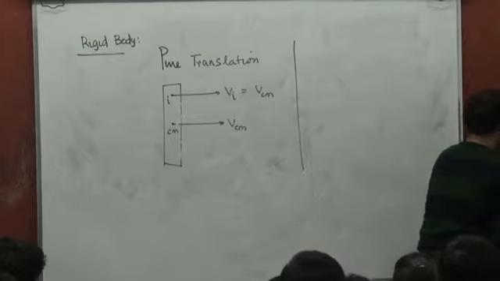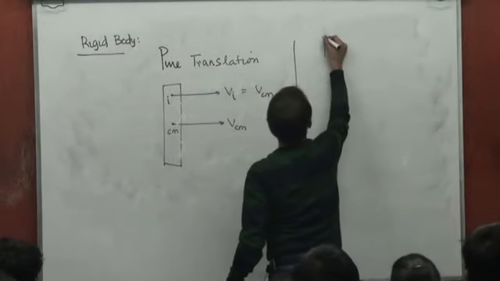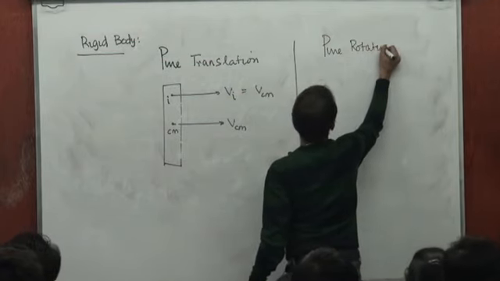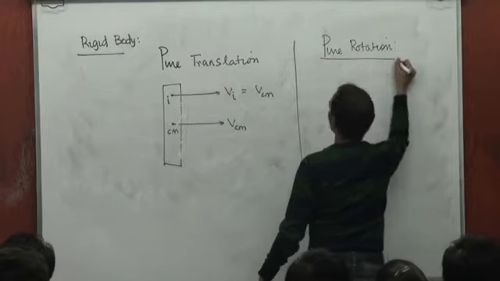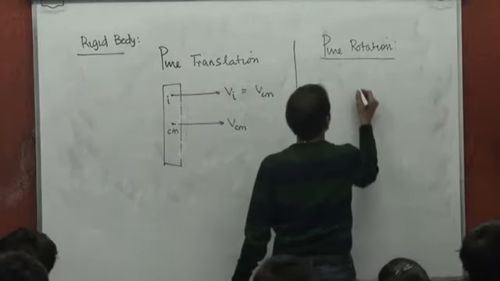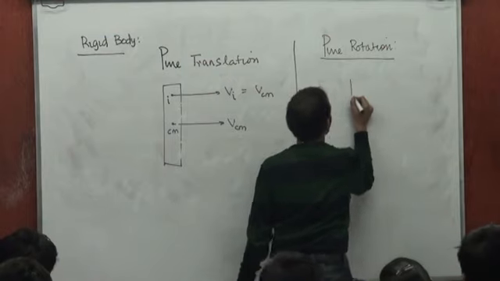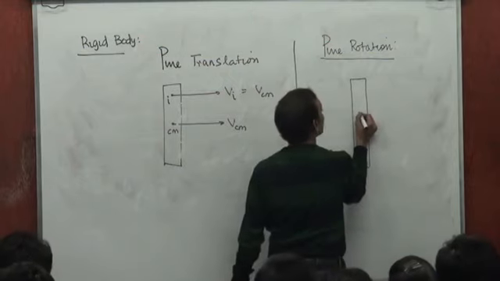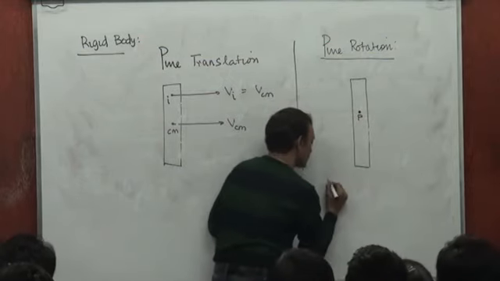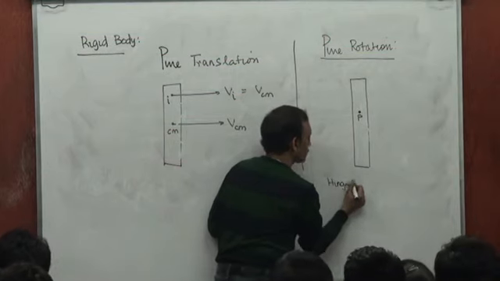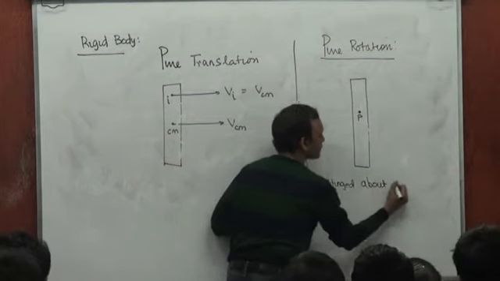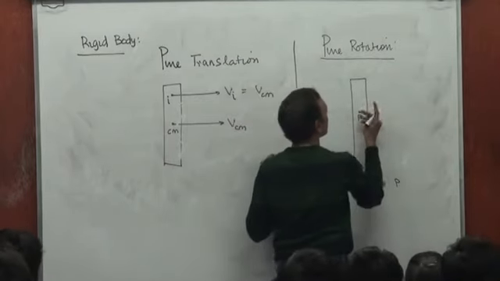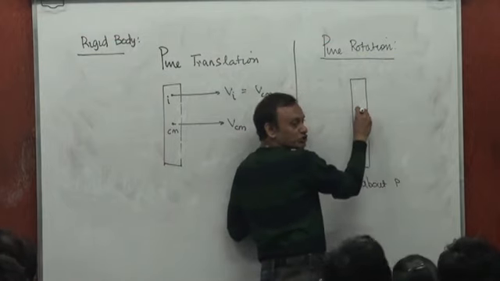And then you have pure rotation. See, this is a rigid body, and it's hinged about P. Then this would be the axis of rotation.